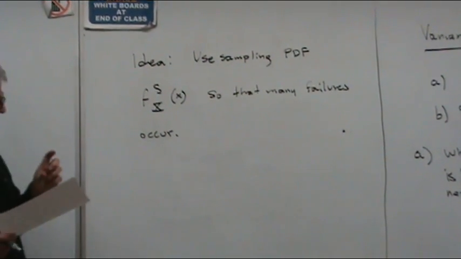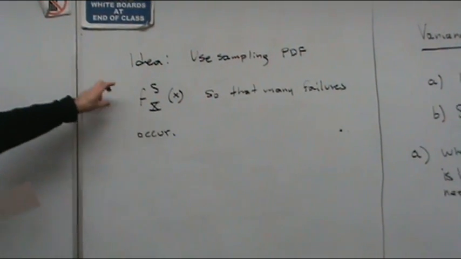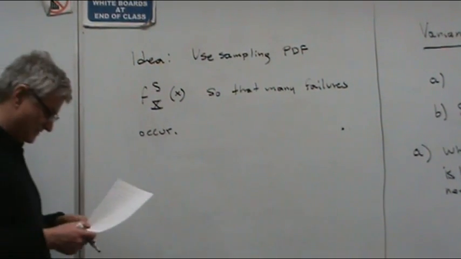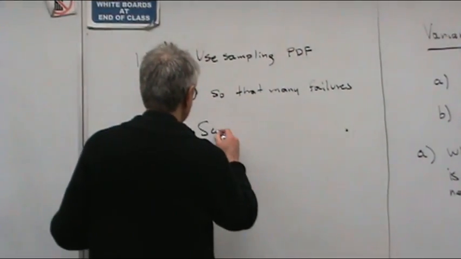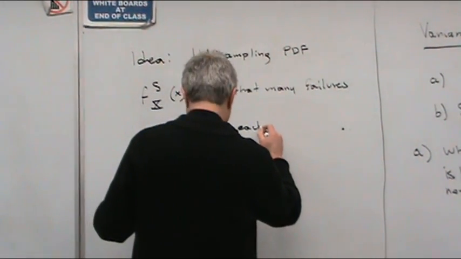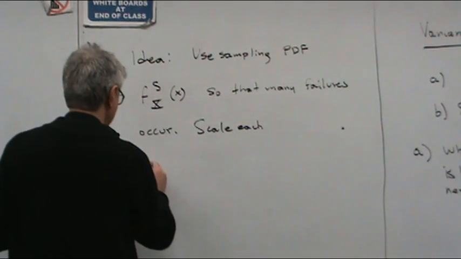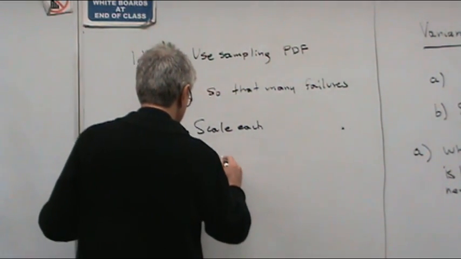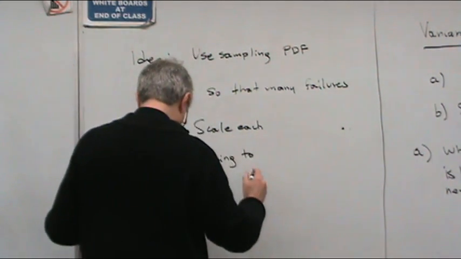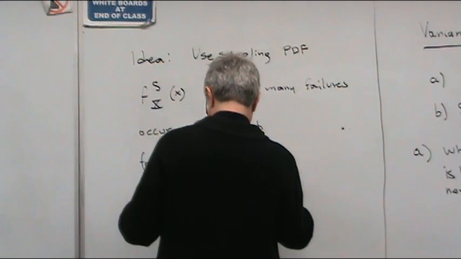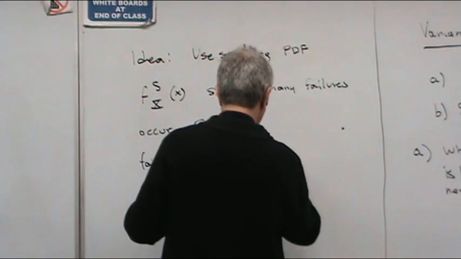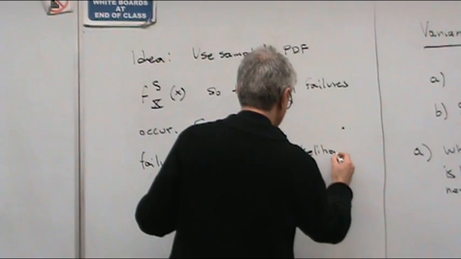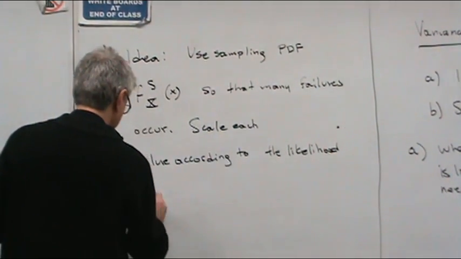Likelihood ratio is the ratio of the true probability density function of the variables over the sampling one. Okay? So scale failure according to the likelihood of each sampling point.